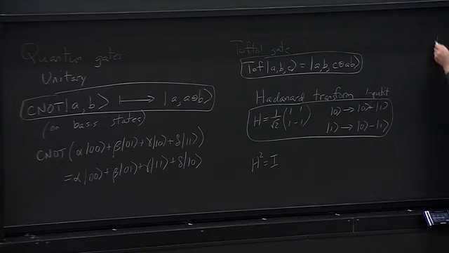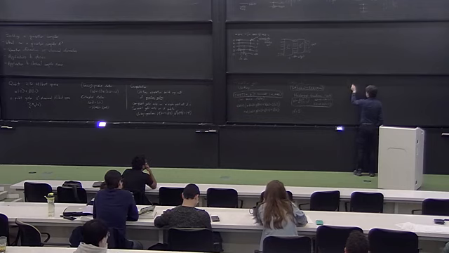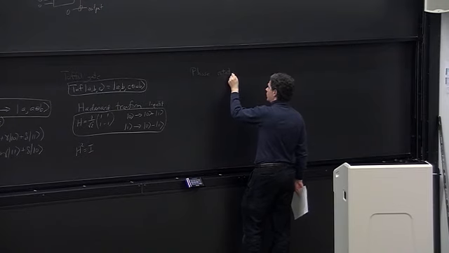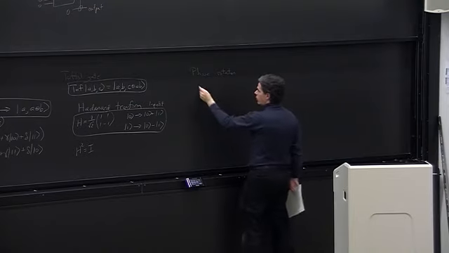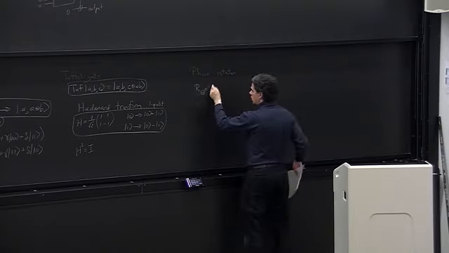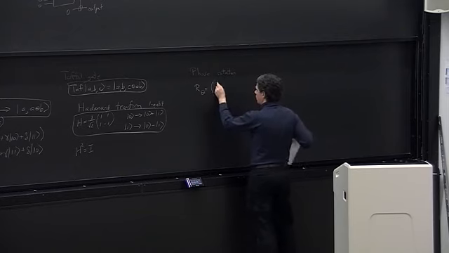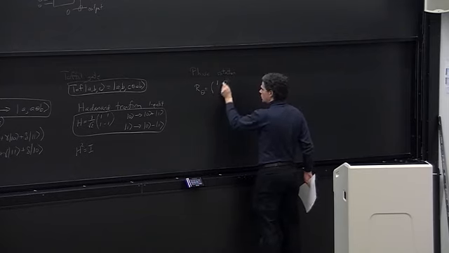So another example of a quantum gate is a phase rotation. I'm going to write this as R theta, and it has the matrix 1, e to the i theta.